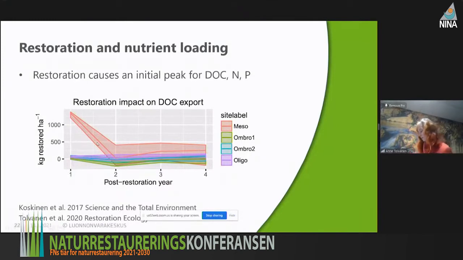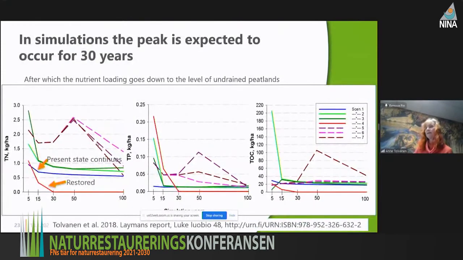In our simulation models, we utilized these results so that we estimated that the peak is expected to occur for 30 years, after which it stops, and the nutrient loading goes down to the level of undrained peatlands. And these pictures have more material than what is needed for this presentation, but two colors are important here.